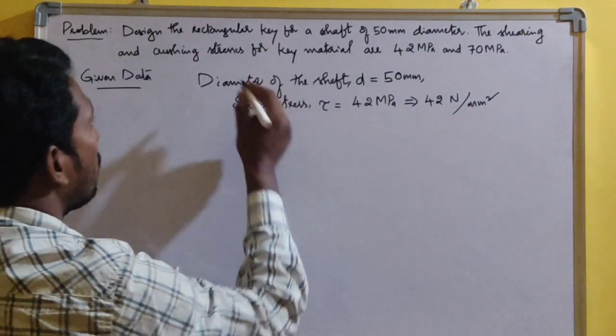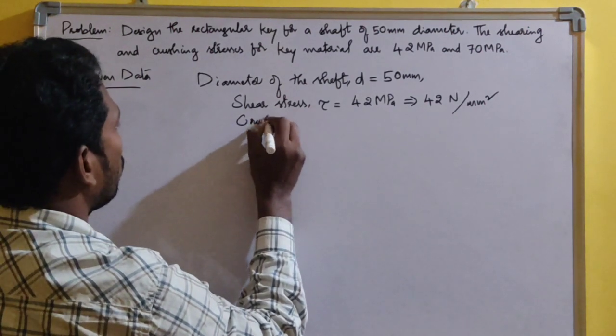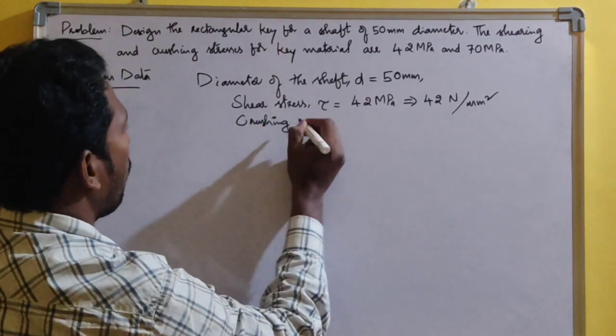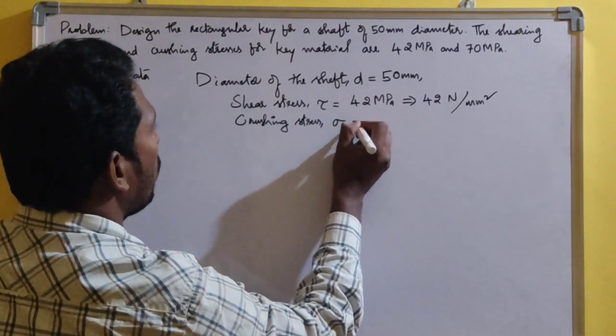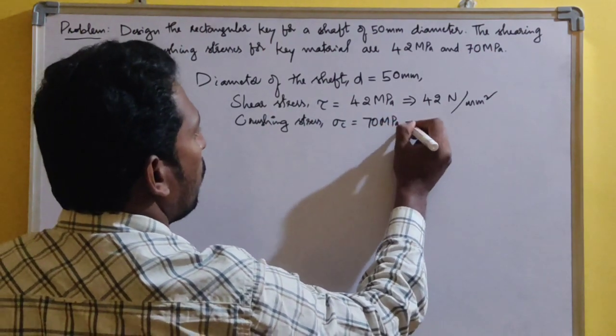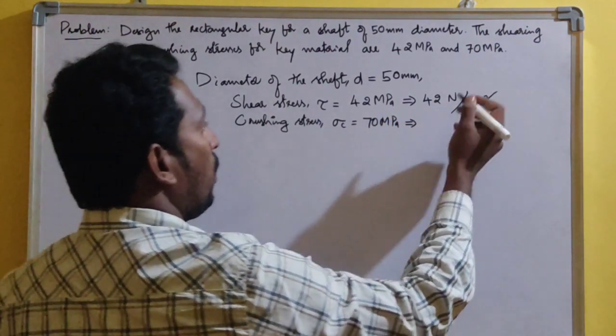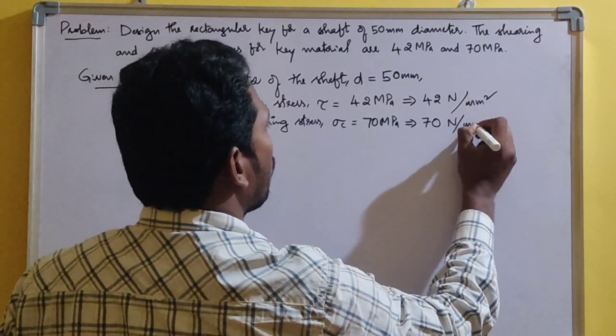And the next value is crushing stress, or compressive stress, sigma c equal to 70 megapascals. That is also to be converted, 70 Newton per square millimeter.